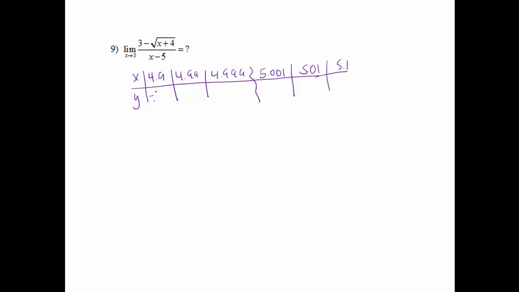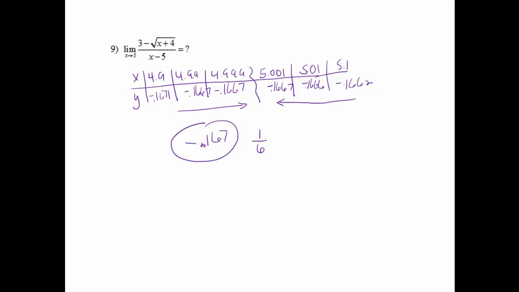I got -0.1671, -0.1667, -0.1667, -0.1667, -0.1666, and then -0.1662, I believe. All right, and so I can tell as I'm coming in from the right and coming in from the left, I am reaching, to 3 places, -0.167. And if you notice, that is actually the fraction -1/6, but either one of those would be acceptable.